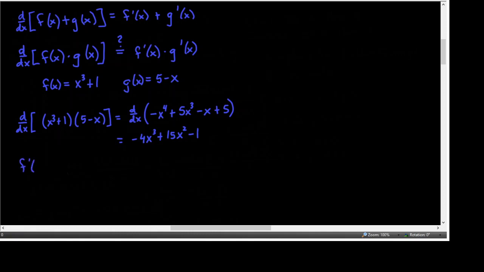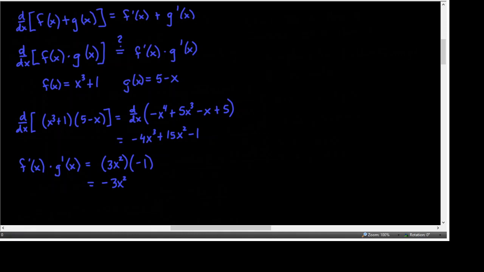Okay, now let's do the right-hand side. What is f prime of x times g prime of x? Well, let's see, f prime of x is 3x squared, and g prime of x is negative 1, and that simplifies to be negative 3x squared.